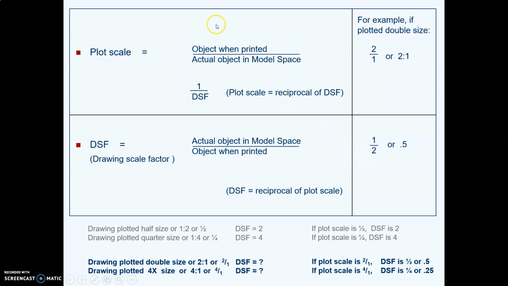So if your viewport scale, your plot scale, were 2 to 1, or 2 over 1, then your drawing scale factor would be 1 over 2, or 0.5. If you're scaling your drawing 2 to 1, and your drawing scale factor is 1/2, then you put that drawing scale factor in places like your dimension style fit scale.